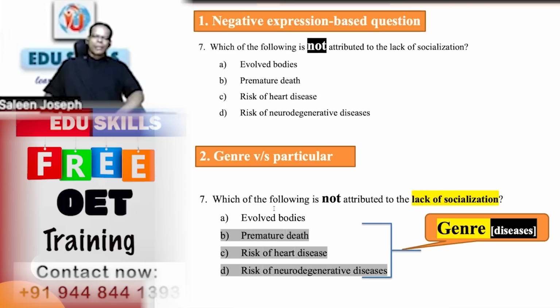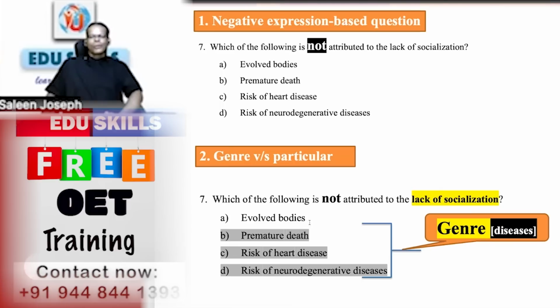Okay. Now this paragraph, the next question is speaking about which of the following is not attributed to the lack of socialization. See, here three things speak about diseases. Three options speak about premature death, risk of heart disease, risk of neurodegenerative diseases. So they speak about diseases. One option does not belong to that particular brand.